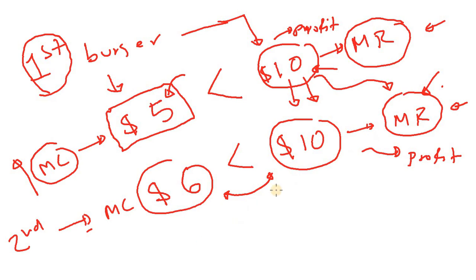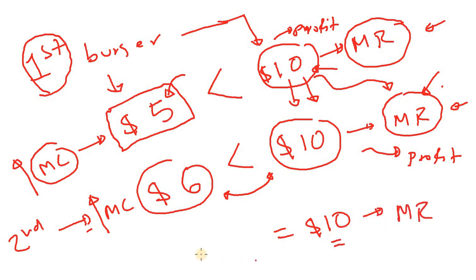So as you keep on producing burgers, remember the marginal cost is increasing. So at one point, the marginal cost becomes equal to the marginal revenue. Remember, you're selling burgers at $10.